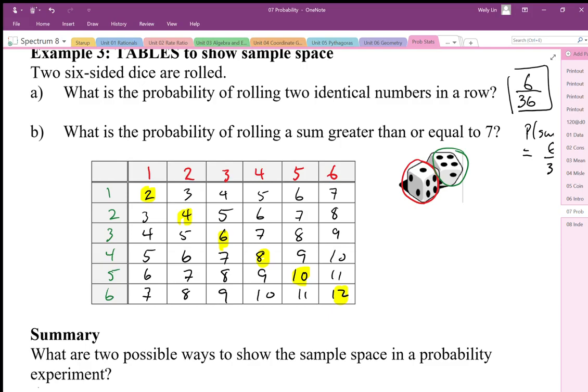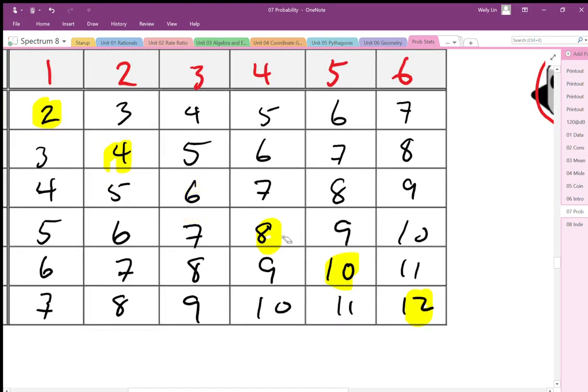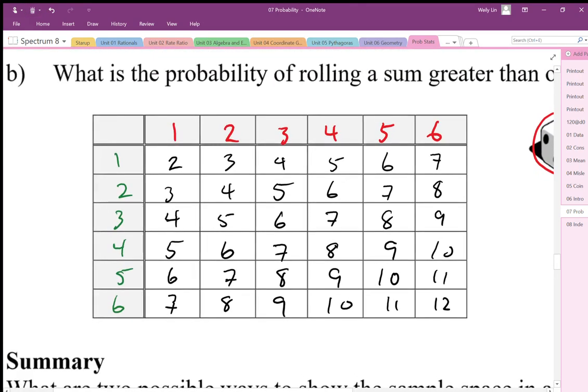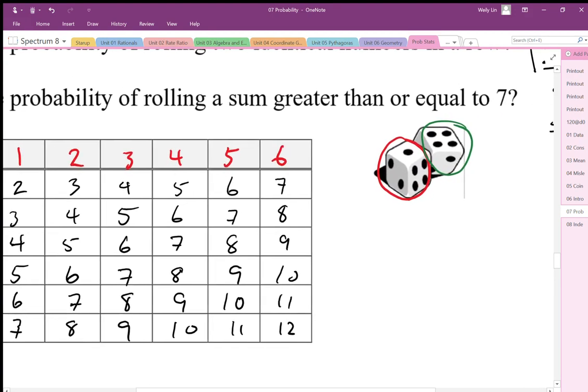What about the probability of rolling a sum greater than 7? So let me just get rid of this. A sum greater than 7. Okay, so all my sums greater than 7 are in a pattern here. Greater than or equal to 7.